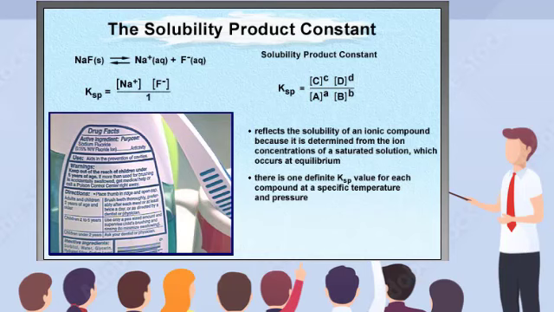Remember that the concentration of a solid is essentially a constant represented by the number 1. Therefore, the concentration of sodium fluoride can be omitted from the equation. At this point, you should notice that the solubility product constant equals the concentrations of ions raised to their appropriate powers, which are determined by their coefficients in the balanced equation.